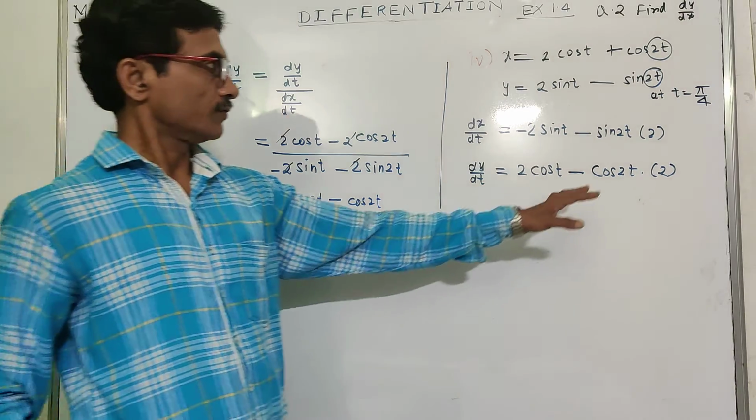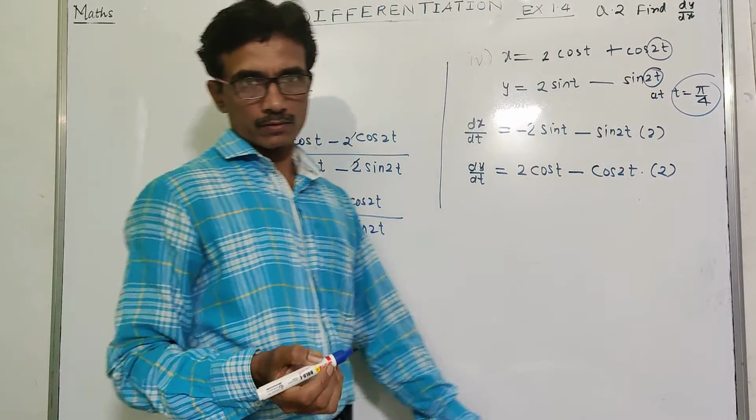But we find dy by dx at t is equal to pi by 4.